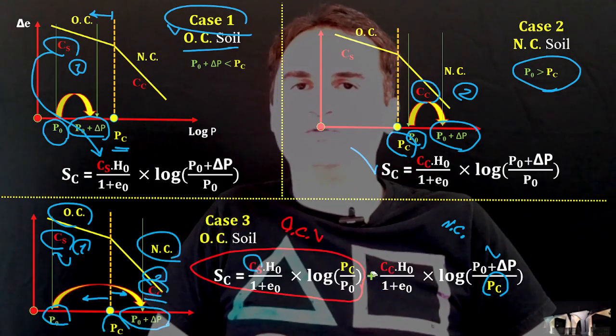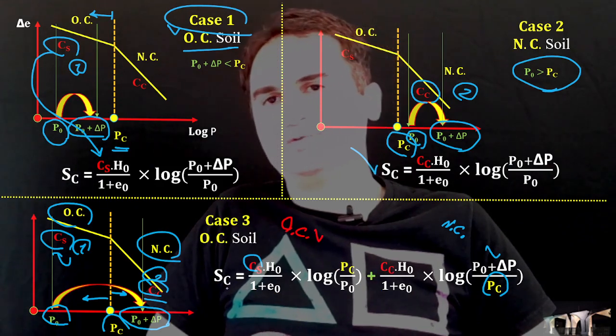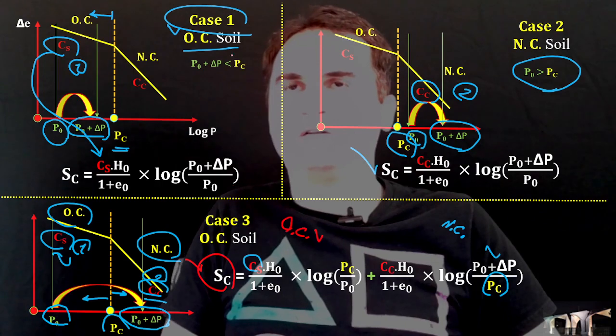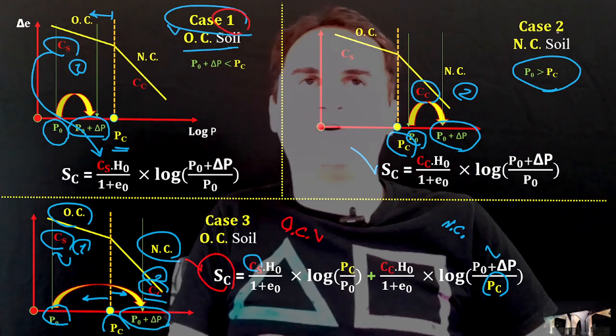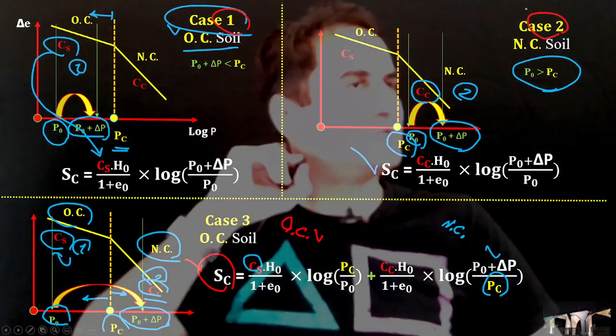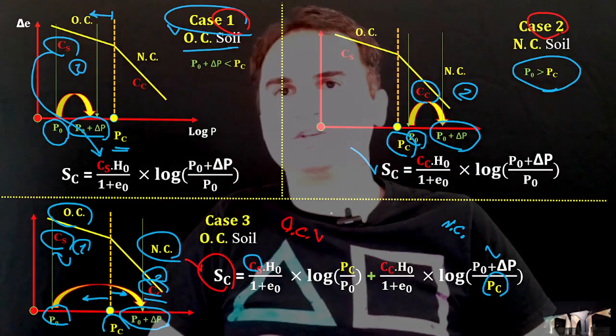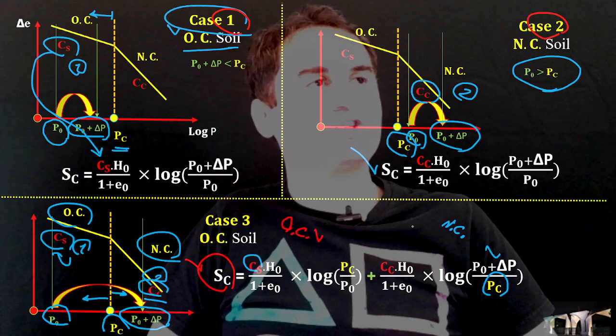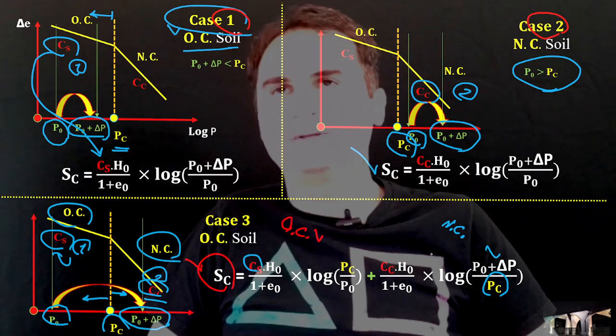If you add them together, it gives you the consolidation settlement. This is a combination of case 1 and case 2, and these equations cover all the consolidation cases, and that's a good interpretation of the consolidation settlement equation.